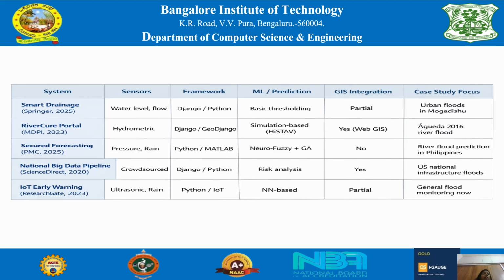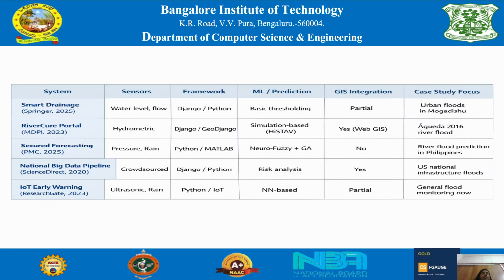So the first system is the smart drainage. Sensors used there are water level and flow, the framework is Django and Python, and ML prediction is basic thresholding. GIS integration is partial. The case study focuses on urban floods in Mogadishu. River Cure Portal is hydrometric, Django simulation-based, and GIS integration is included over here.